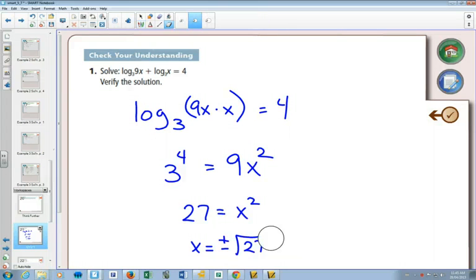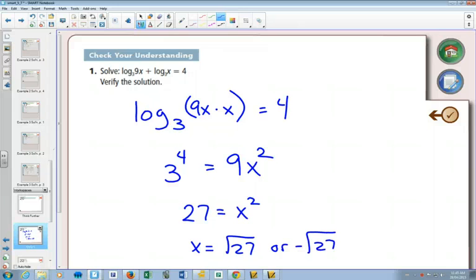Plus or minus, and in this case, I'm going to write them separate instead of putting the plus or minus because it's going to be easier for me to cancel them out. So now when I check them with my original equation, I can't take the log of a negative number, so I know that this one is extraneous, and I only have one answer that works.